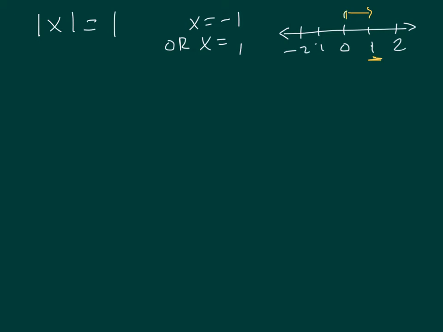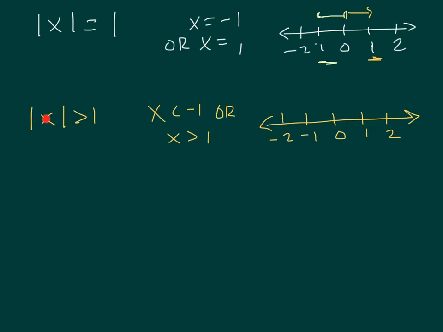Alternatively, if I start at 0 and go 1 unit this way, I land at negative 1. So in other words, the absolute value of x equals 1 is saying that when I start at 0, travel a distance of 1 unit in either direction, that gives me my two options for what x could be. So I might also say the distance between x and 0 equals 1. The solution being x equals negative 1 or x equals 1.